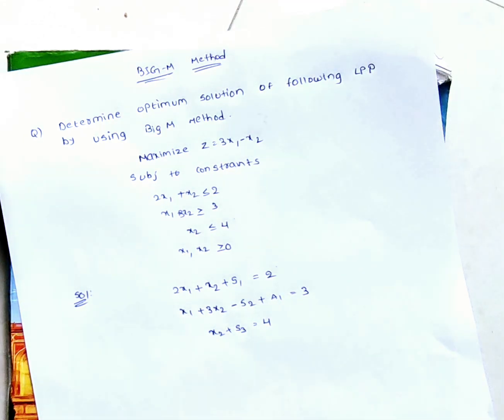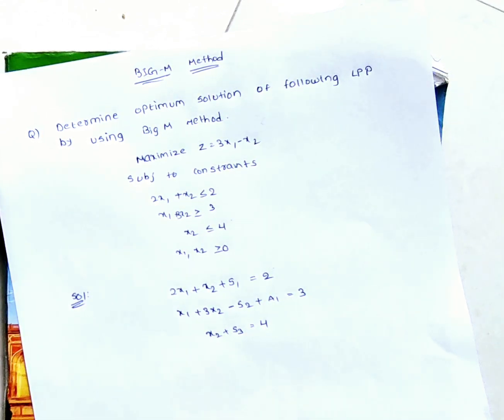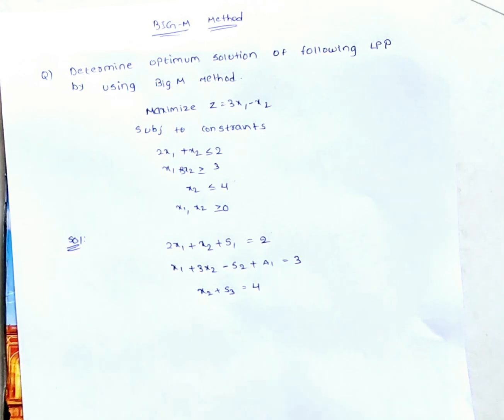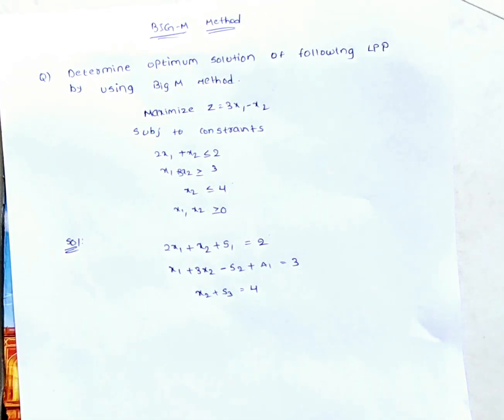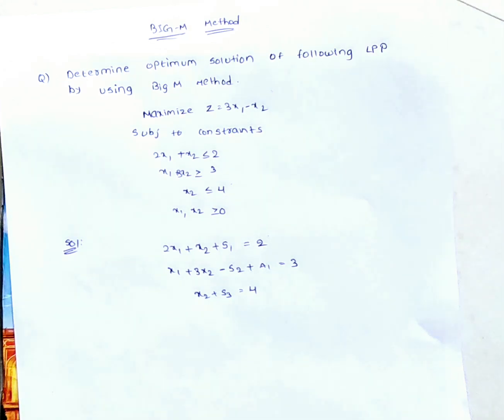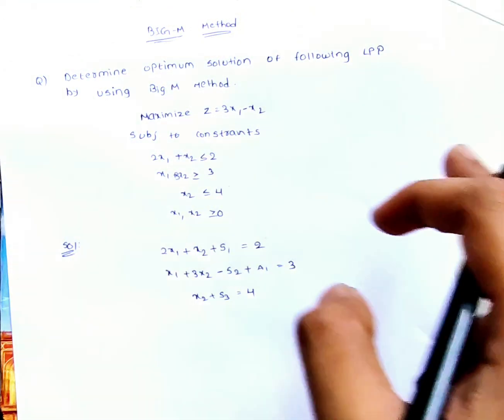This is the same for the two-phase simplex method also. So what's the difference between two-phase simplex and big M? In the two-phase simplex method, we use two phases. In phase 1, we remove every variable except the artificial variable; we take only the artificial variable. But here we use the complete equation.